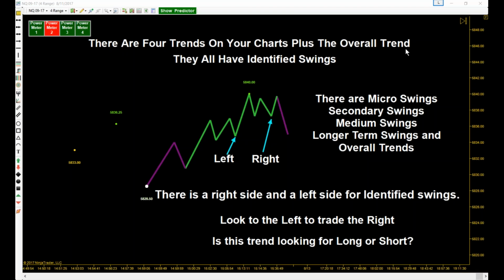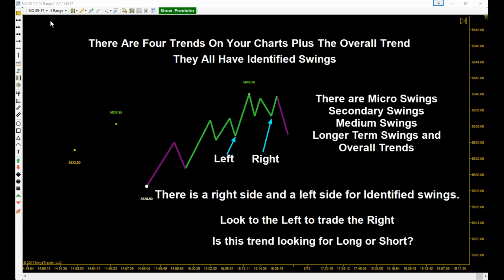I like to personally watch all 4 of those along with the overall trend, because if you look at the overall trend, you won't be on the wrong side of the trade when they decide to really move those things. By the way, all of these trends have identified swings, and they work exactly the same way that I'm getting ready to explain on these others.